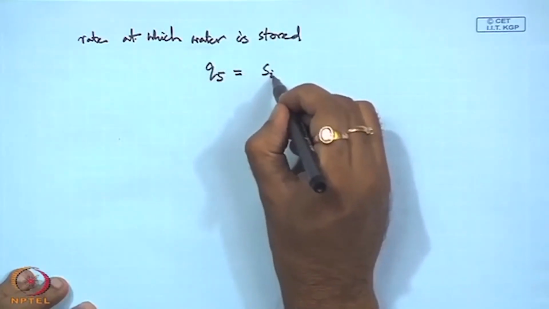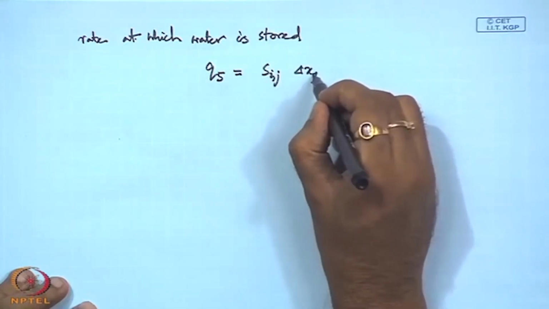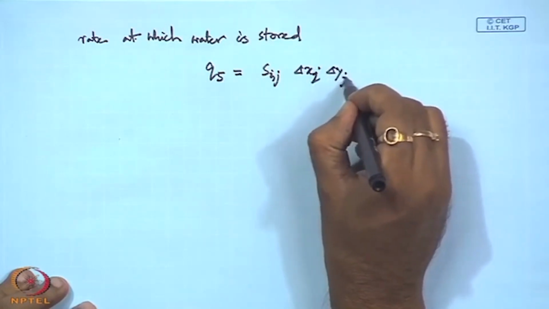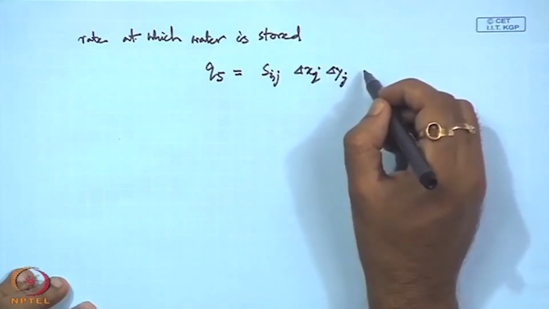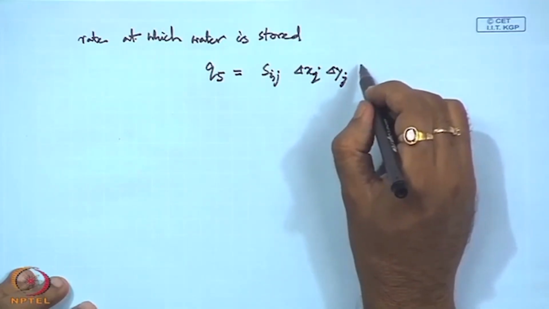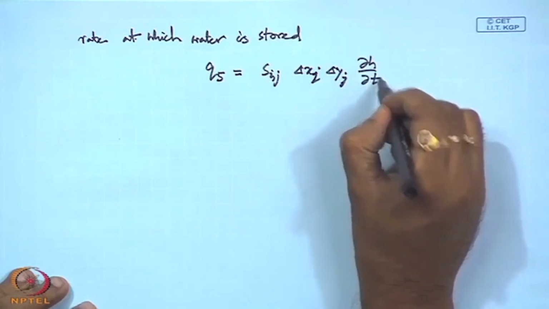So, Q 5 is S i j, where S i j is your storage coefficient, times del x i del y j times del h by del t.